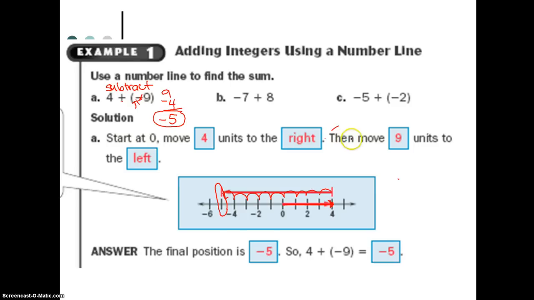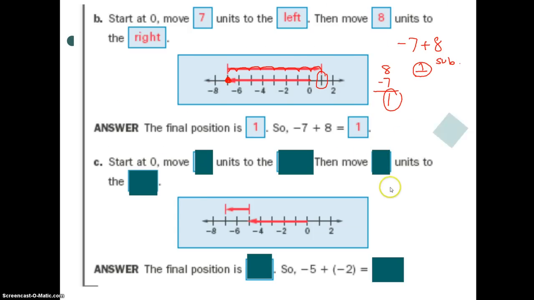Part C is negative 5 plus negative 2. I put the parentheses around the negative just to show the difference between an adding and a negative sign. So using the number line, I start at 0, I go to negative 5. From negative 5, I'm adding another negative. So I continue down the negative side of the line, which is left.